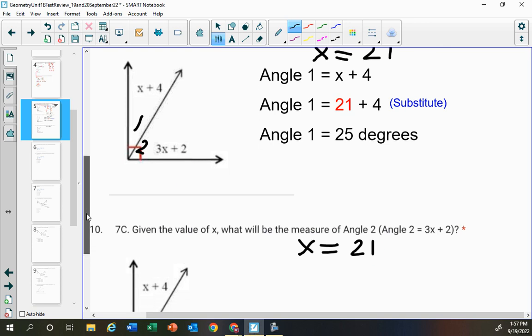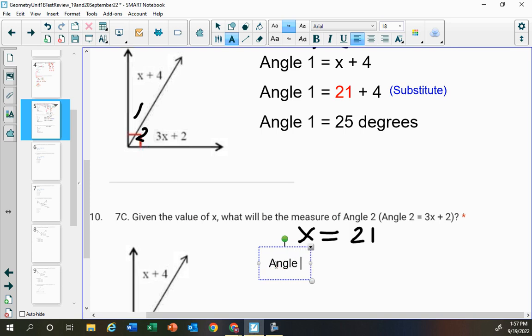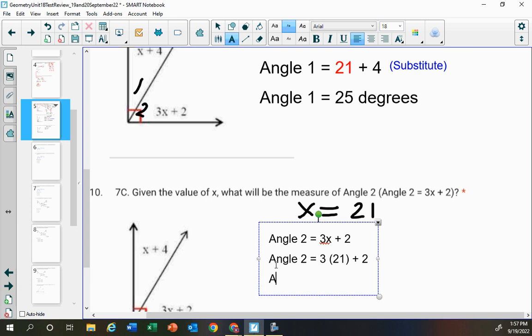And then you have angle 2 equals 3x plus 2. Angle 2 is 3 times 21 plus 2, and angle 2 is 63 plus 2, which is 65 degrees.